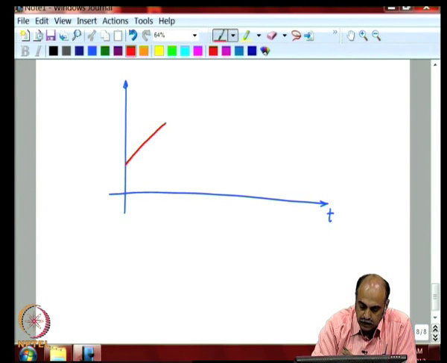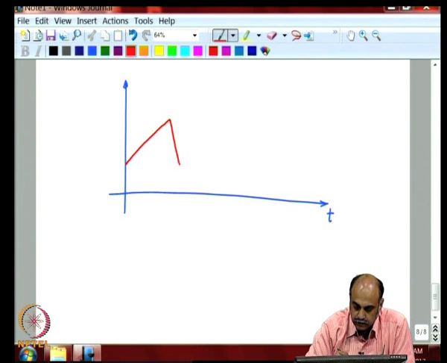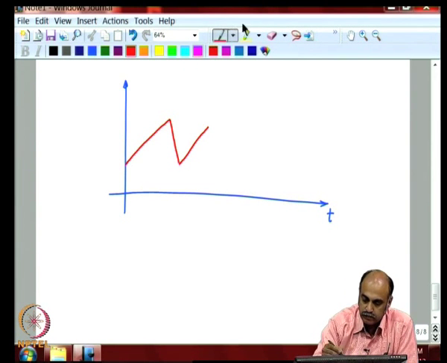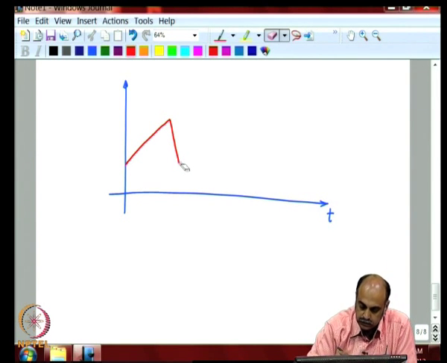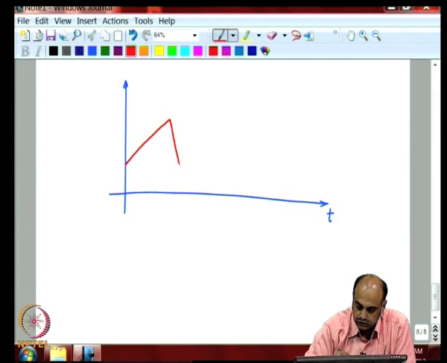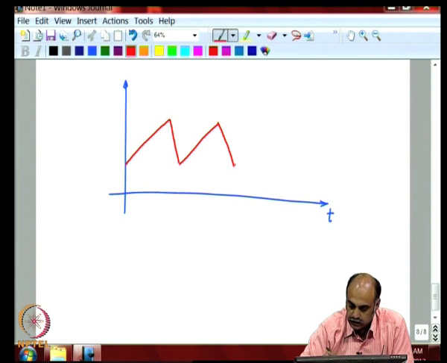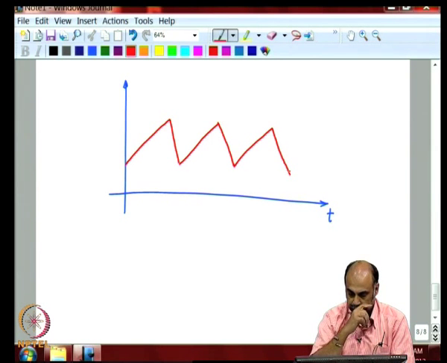Let us say we have this greater than 0.5 duty cycle. I am showing a duty cycle which is greater than 0.5, something like that.